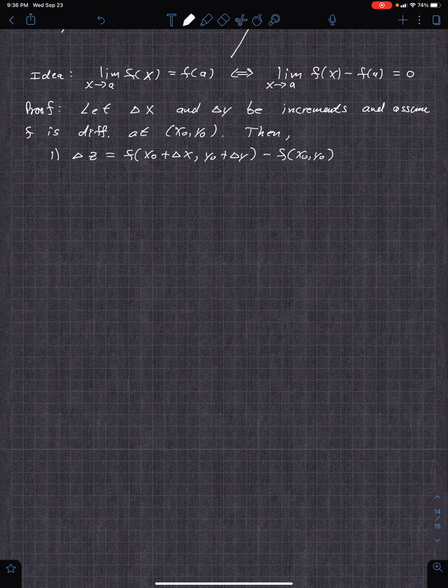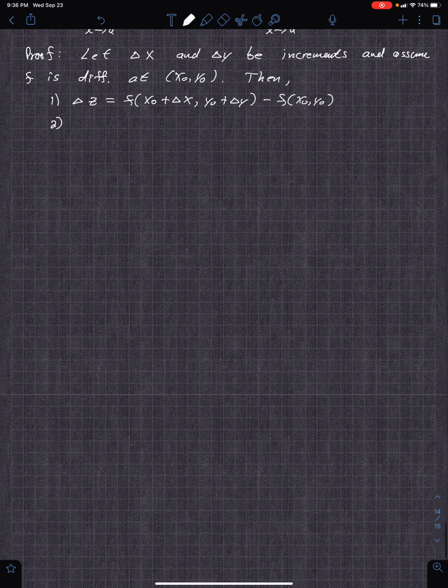Okay? And then two, since f is differentiable, we get this from above.